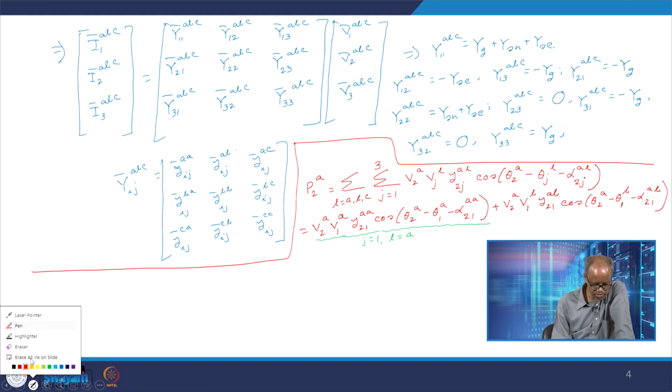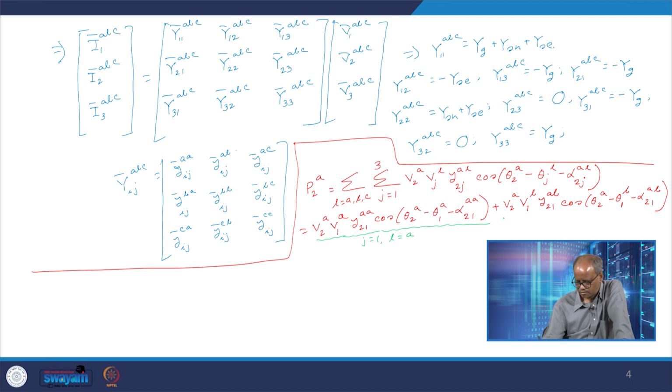So this is the case j is equal to 1, L is equal to B.